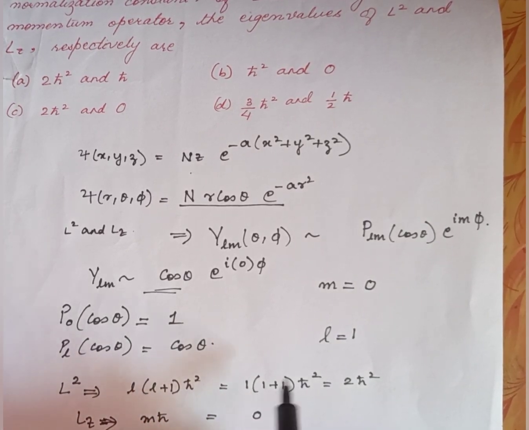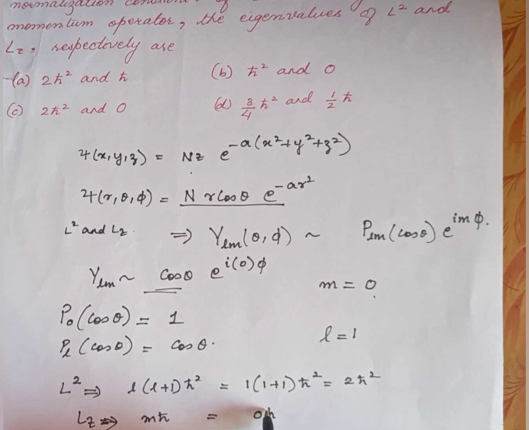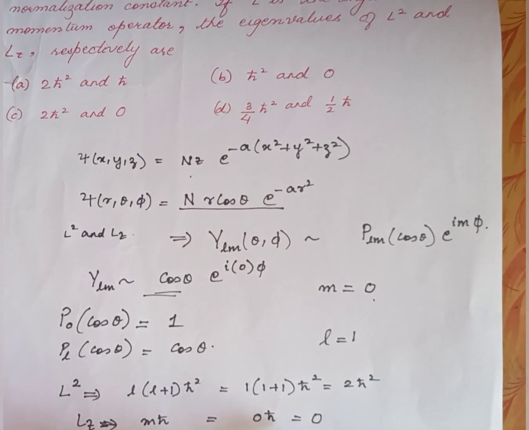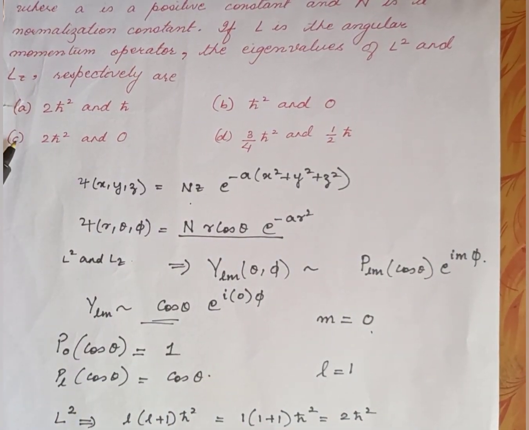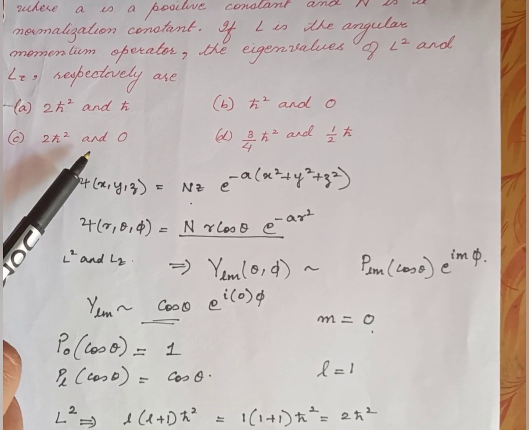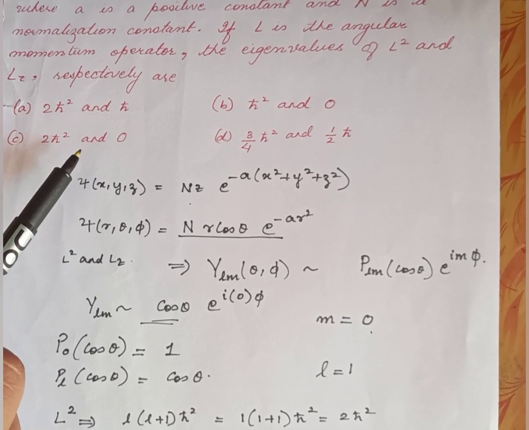So m is 0 for me, so 0 h cut, hence 0. So the correct option here is option C, where the L square eigenvalue is twice h cut square and the Lz eigenvalue is 0.